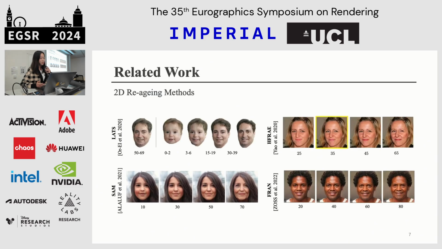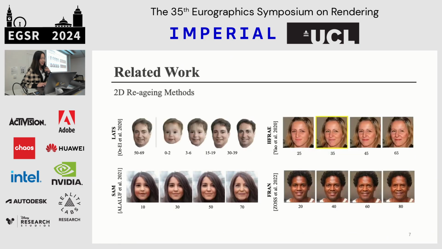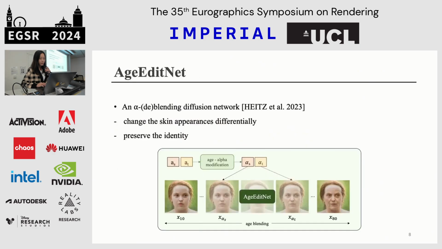SAM has identity preservation problems not shown in this figure, but will be discussed in the evaluation part. FRAN is based on the UNet. It's a very fast and efficient method, but it cannot change the skin tones.